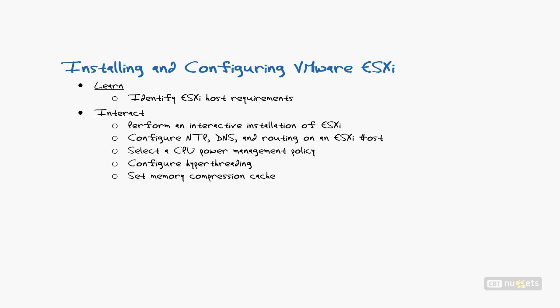We're going to talk in this nugget about how you can go about installing and doing some initial configuration of VMware ESXi. We'll start by talking about some of the host requirements for the hardware that you intend on using. I'm going to point you towards the official host requirements list, but I'm also going to show you where there's a really nice interactive compatibility guide that VMware has put together.